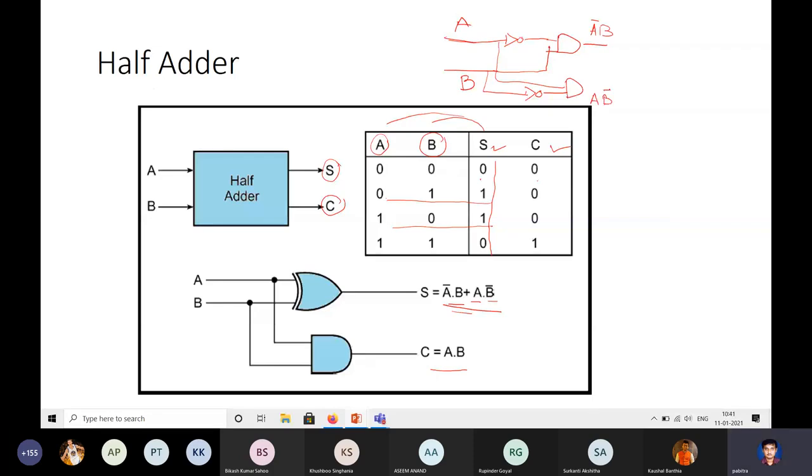And you get S. And C you get simply by putting an AND gate. This is C. All right. So you can implement this using basic gates also.